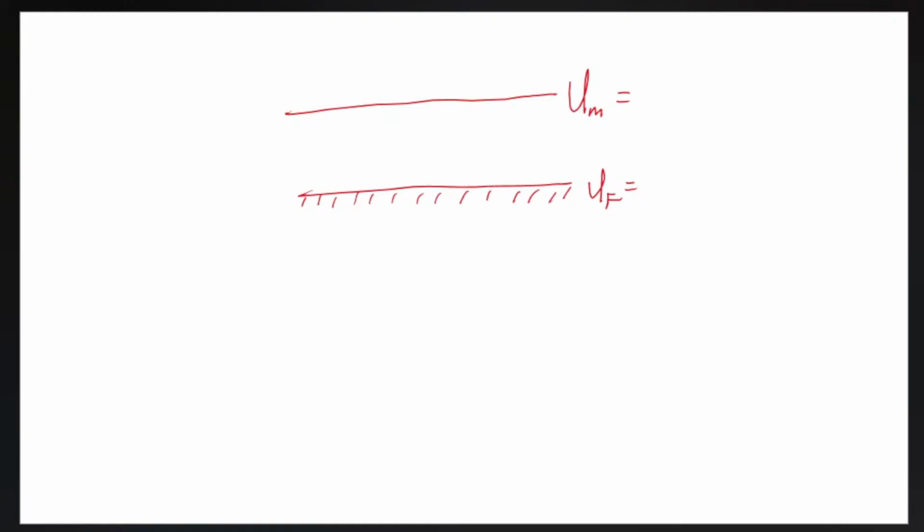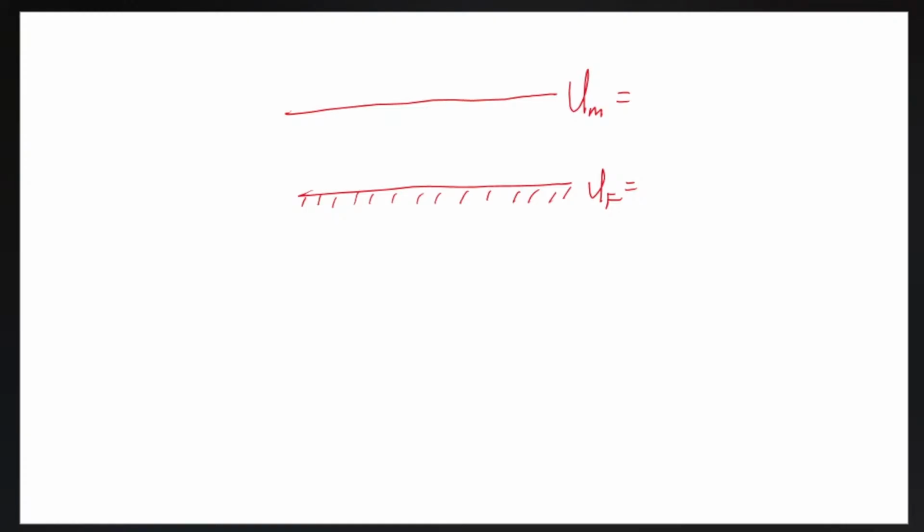So the area is simply 720 millimeter times 720 millimeter, and that will give you 518,400 millimeter square. This is your area.